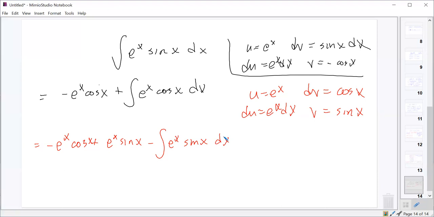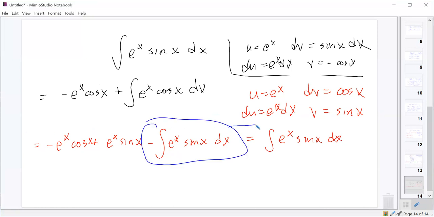And at this point, we note that the thing that we are trying to integrate within our problem is the same thing that we were starting with. So this whole thing, all of this that we've got, is equal to the integral of e to the x sine x dx. So we just take this one and add it to the other side, giving us e to the x sine x minus e to the x cosine x, if I just flip those around, is equal to 2 integrals of e to the x sine x dx.